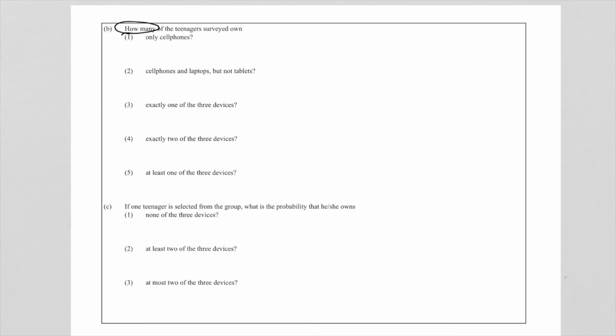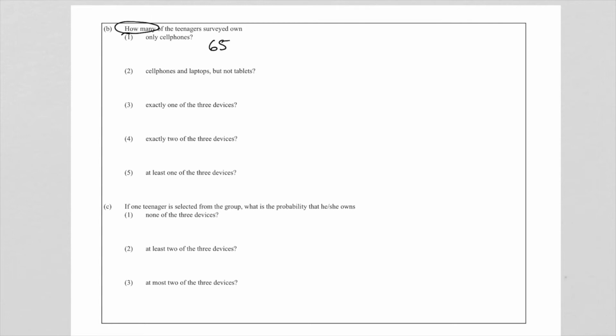So the answer for this first question is just 65. Very straightforward. Just read your questions carefully and be very aware whenever they ask for how many or if they ask for probability. We are going to do a few on probability as well. But for now, we only want the number.